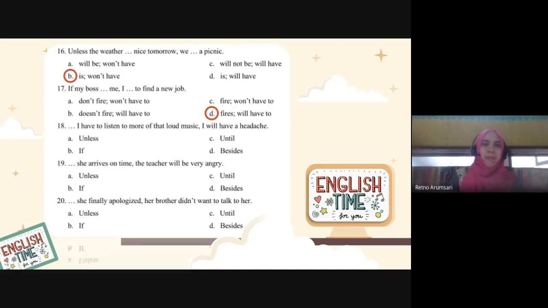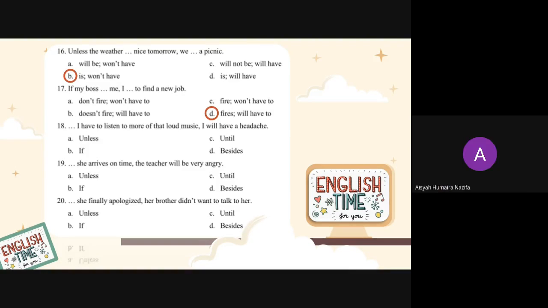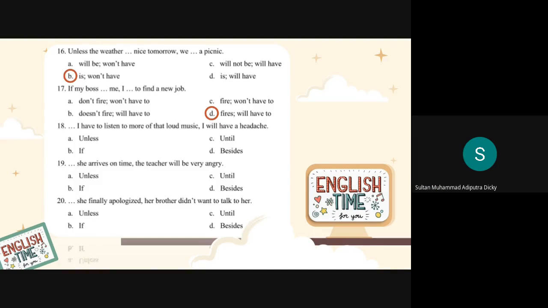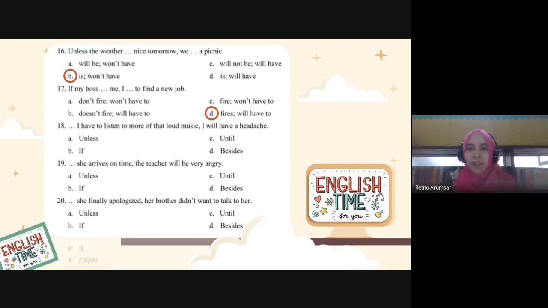Number 18, Ziva. All right. Danny, let's go on to Danny then. Danny. Bismillah.